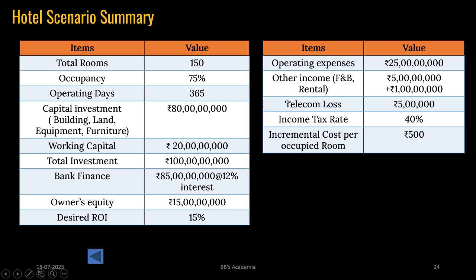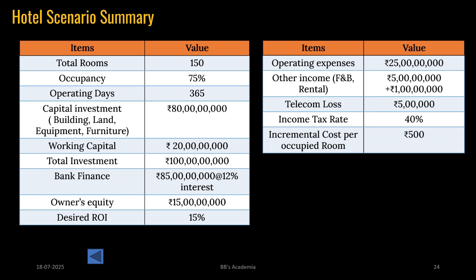Okay, fine. We have some other parameters here. One is the operating expenses. Once the hotel is running, you need operating funds, and we require 25 crores for that. Other income: we are talking about hotel room revenue management, so other income should be excluded.